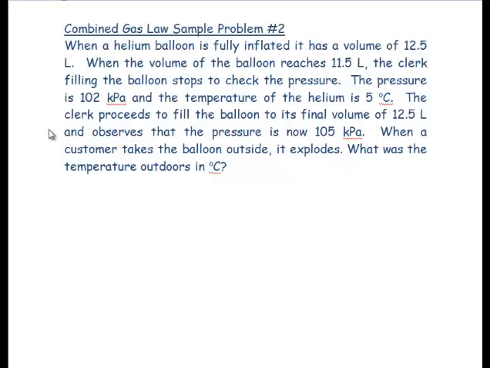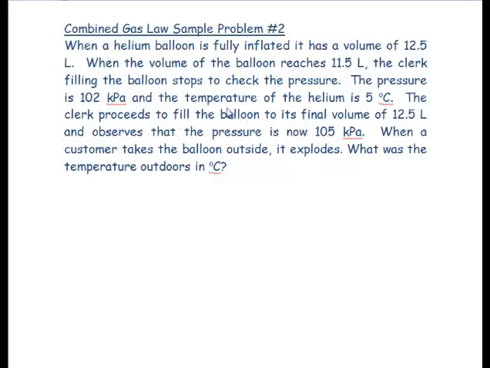The clerk proceeds to fill the balloon to its final volume of 12.5 liters and observes that the pressure is now 105 kilopascals. When a customer takes the balloon outside, it explodes. What was the temperature outdoors in degrees Celsius?